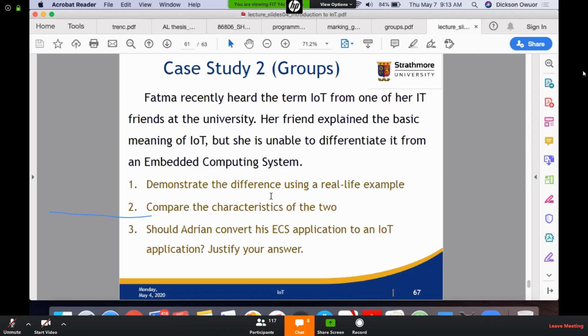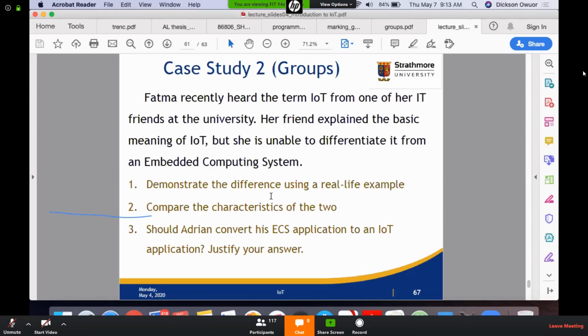Okay. Then the last question, should Adrian convert his ECS application to an IoT application or not? So this one, there's really no yes or no answer. It just depends on your justification. So I think both groups tried, but the argument for group three, ICSB group three, made more sense because they looked at both scenarios.